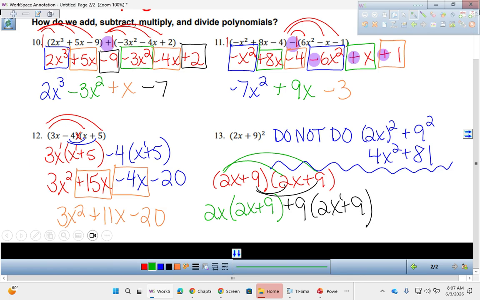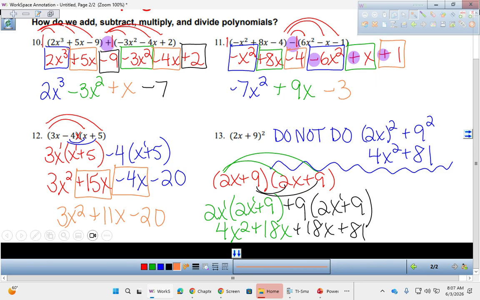And I'm going to go through and just add 1s on those exponents so I don't forget to add them. So 2 times 2 is 4, and x times x, I'll add their exponents together, 1 plus 1 is 2. And 2 times 9 is 18, and then that x just comes along. 9 times 2 is 18, and then that x just comes along. And 9 times 9 is 81.